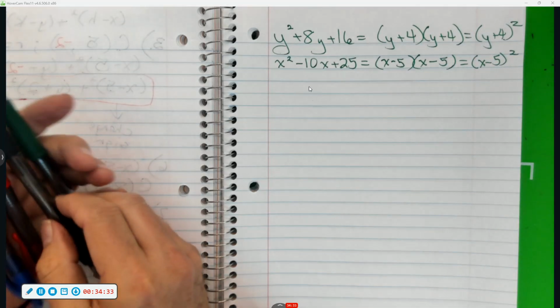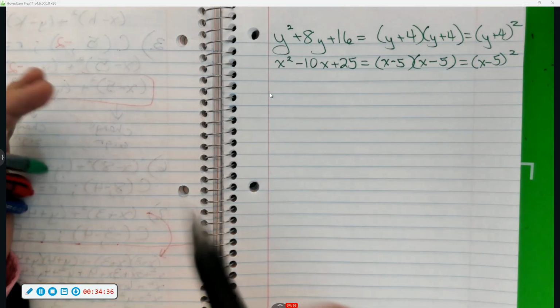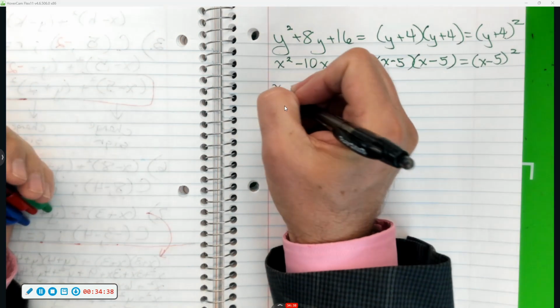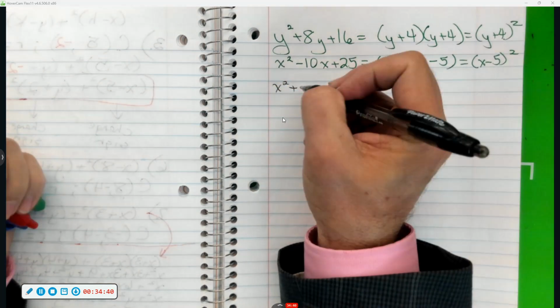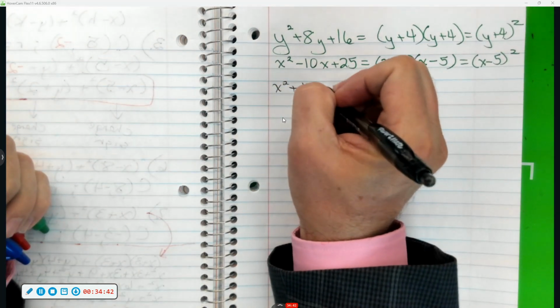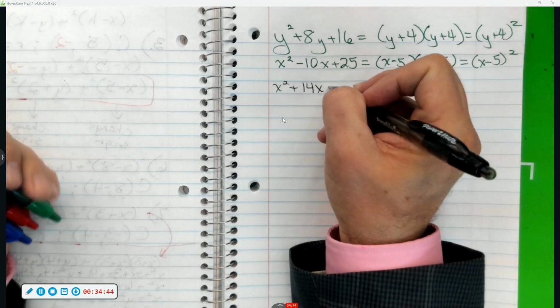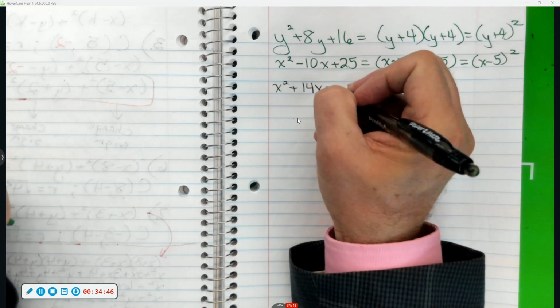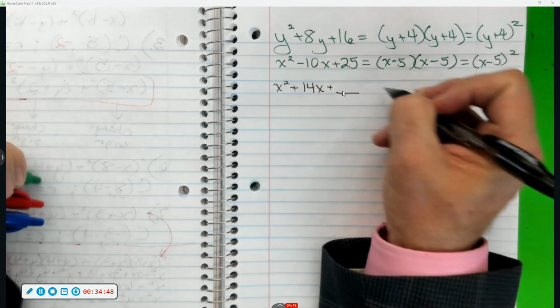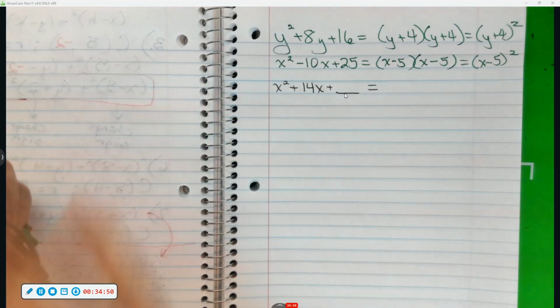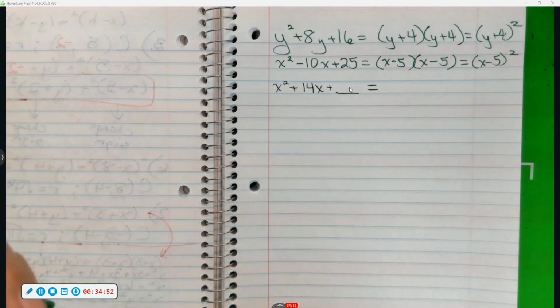Let's create another perfect square. How about x squared plus 14x. But put a plus and let's see if they can figure out what perfect square it's going to have to be. You think they're ready for that? I was going to do another example. Let's see. What number would we need here?